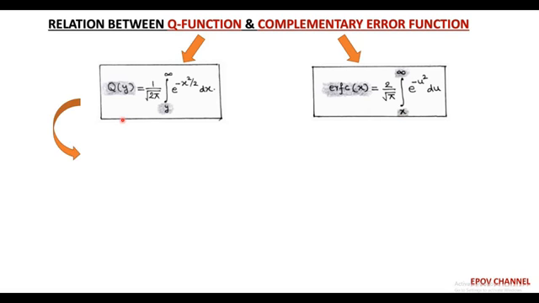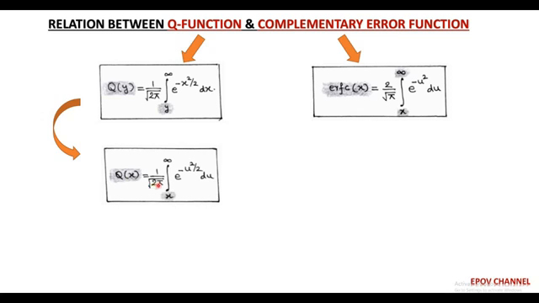So we take another real value, that is small u, and integrate with respect to du. And we get Q function x equals 1 upon root 2 pi integration of e to power minus u square by 2 into du, taking limit u equals x to infinity.